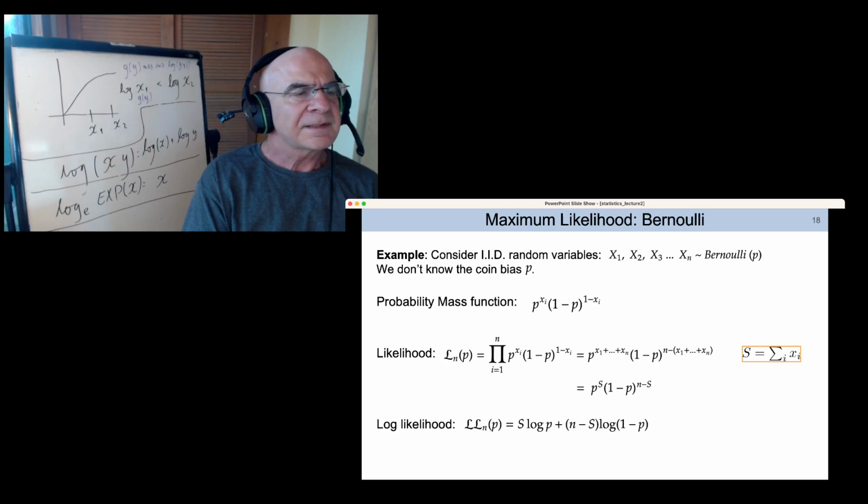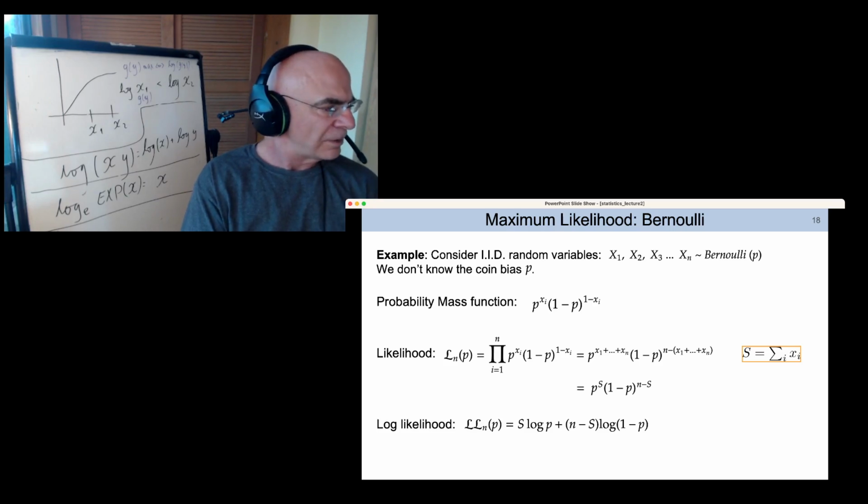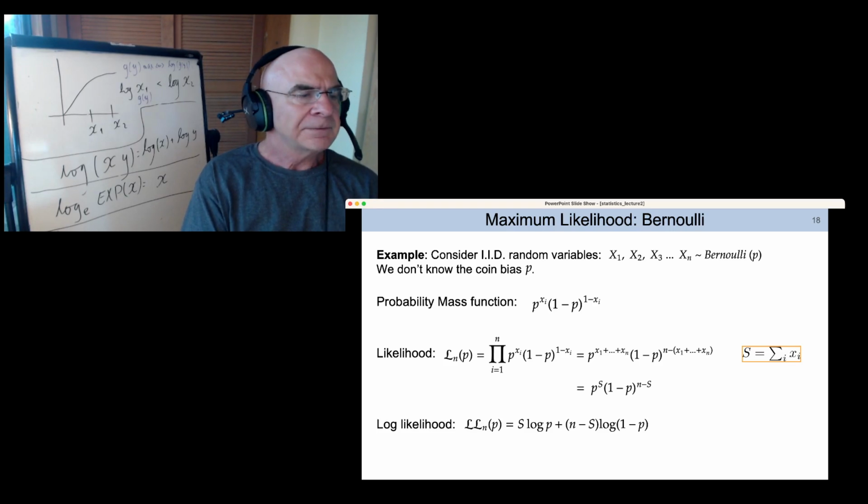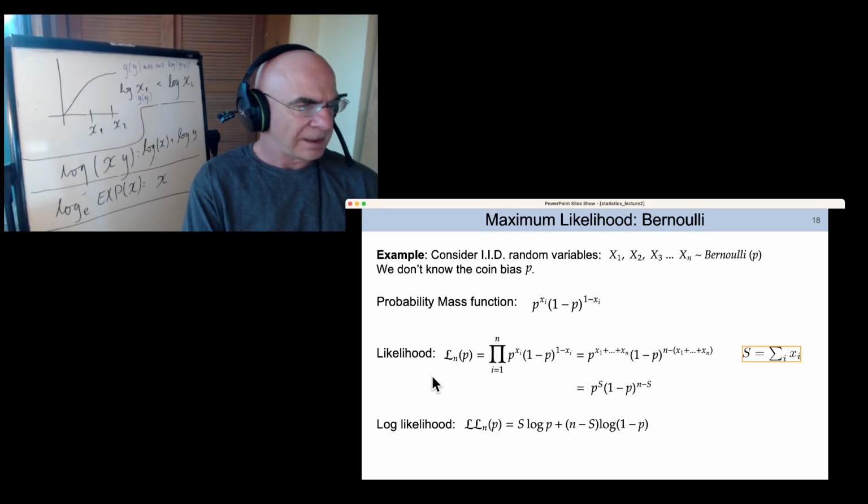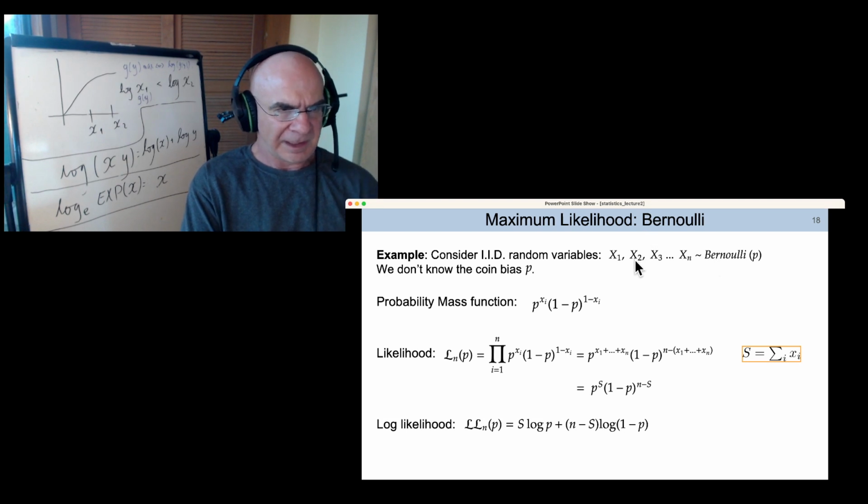Moving along, let's take one individual example, the Bernoulli variables. So I'm tossing a coin n times. The results are either 1 or 0, face or tail.